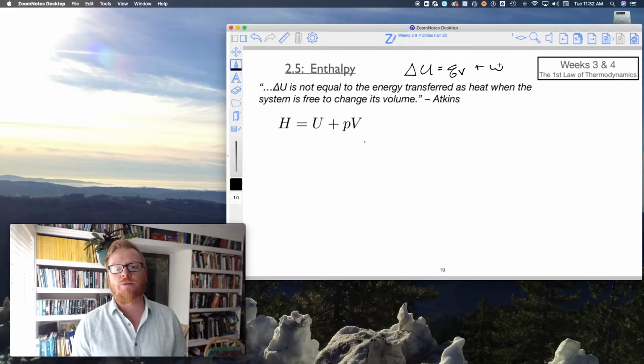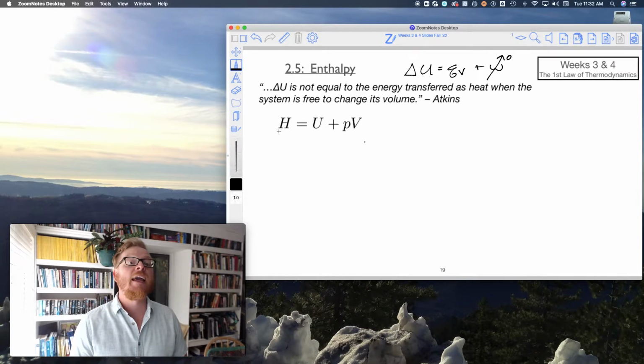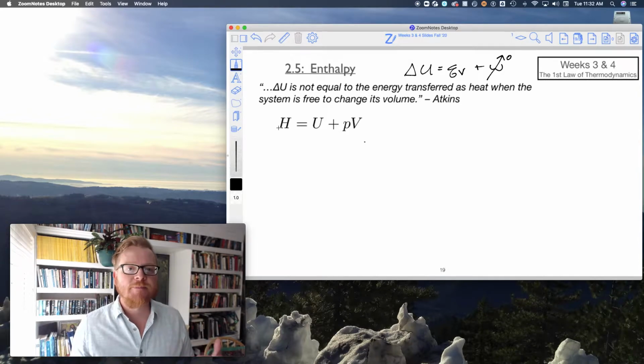So we always know the first law is Q plus W, but when the system is constant volume, W goes to 0. However, when the system is free to change its volume, delta U is not equal to this energy transferred as heat. So we have to use enthalpy. And we note that enthalpy is a capital letter state function.